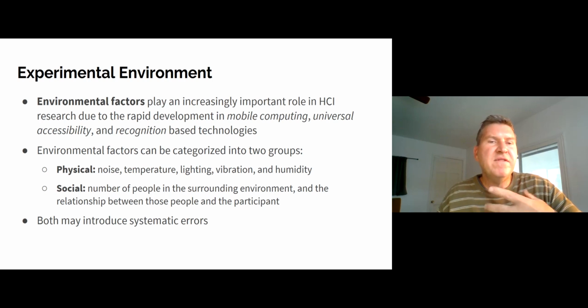Think about how physical noise or temperature or lighting or vibration, let's say you're in a laboratory environment, all of these can introduce forms of stress or reduce the ability for the participant to focus. And then in social, you can just imagine if there's a lot of people around, there's a lot of distractions, and maybe the relationship between those people and the participant can affect that as well.